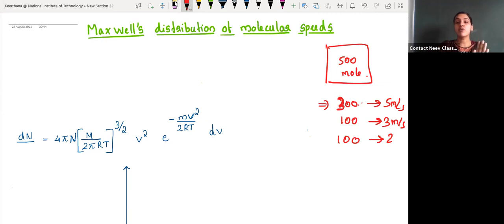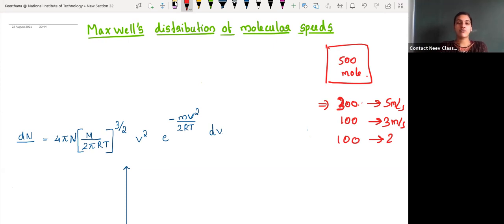The distribution of molecular speed is constant at a particular temperature. This is what was found by Maxwell and Boltzmann. This curve has many names: Maxwell's distribution of molecular speed, or the Maxwell-Boltzmann distribution of molecular speeds.